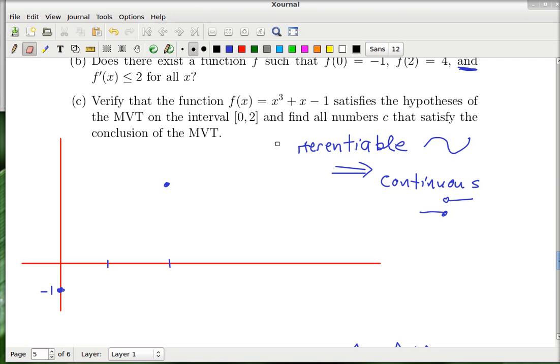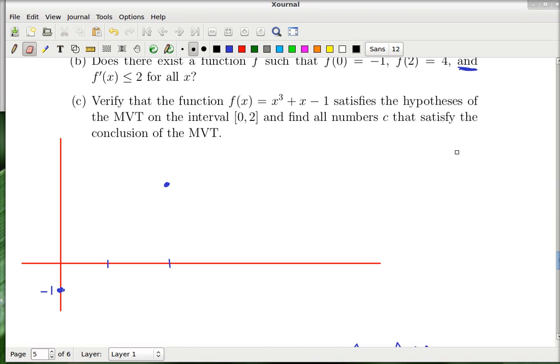So this condition about the derivative existing everywhere implies that the function is continuous everywhere. And so that means the mean value theorem is in play, because by assumption the mean value theorem is going to apply to this f.